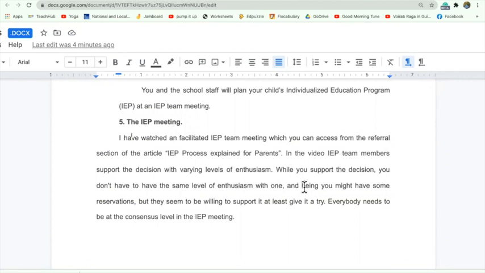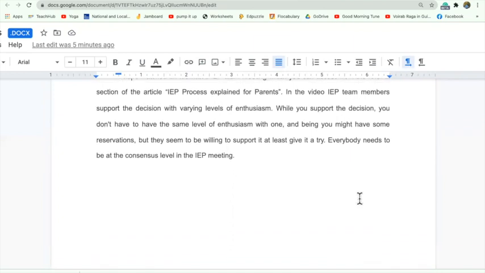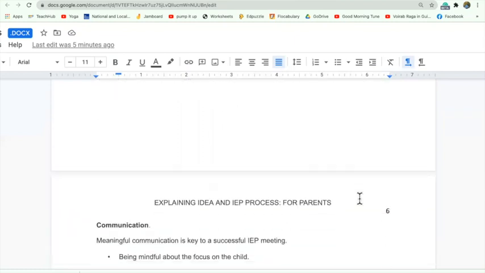While you support the decision, you don't have to have the same level of enthusiasm as everyone. You might have some reservations, but they seem to be willing to support it, at least to give it a try. Everybody needs to be at the consensus level in the IEP meeting.